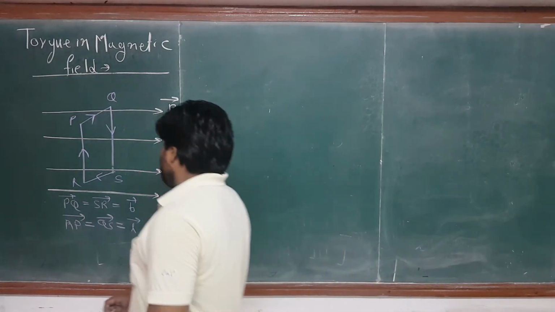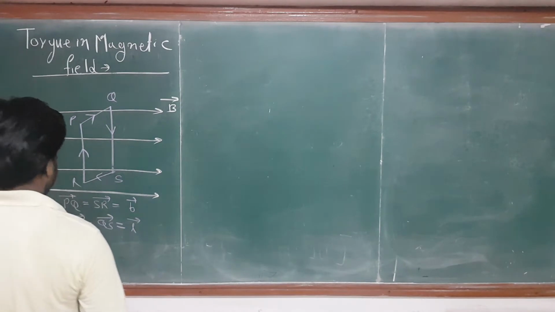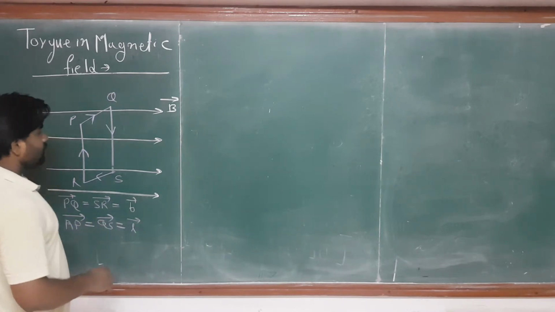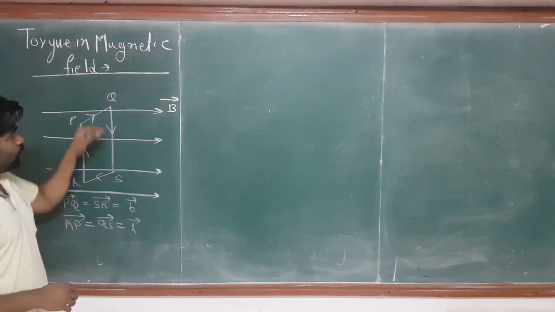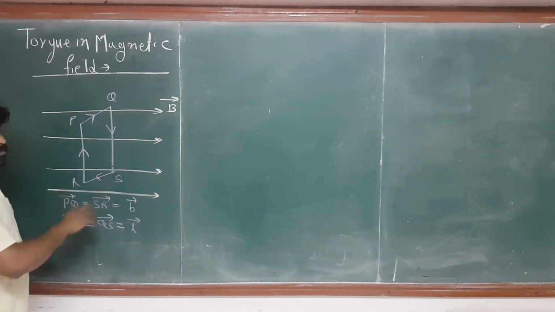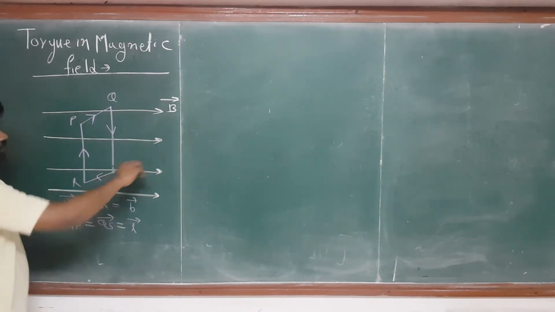Okay. So vector PQ is equal to vector SR is equal to vector B, and vector RP is equal to vector QS is equal to vector h. As we know, when current passes through the sides, a force begins to act.